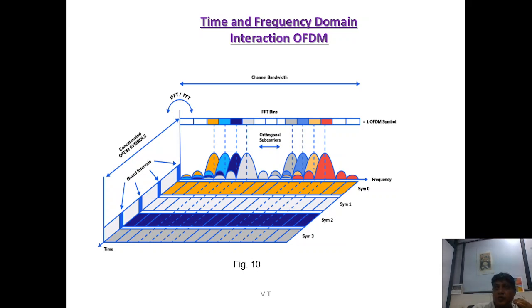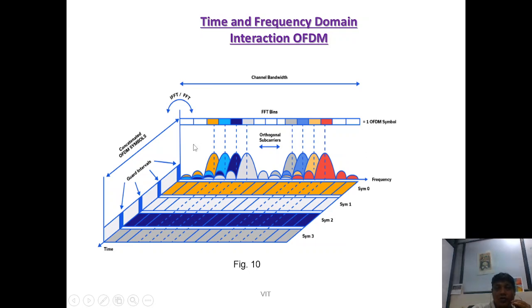The message point depends on the modulation technique. If it is BPSK modulation, each subcarrier will carry 1 bit. If it is QPSK modulation, each subcarrier will carry 2 bits. From this end, there are 4 symbols. Let us consider a BPSK signal with 64 subcarriers, each carrying 1 bit.